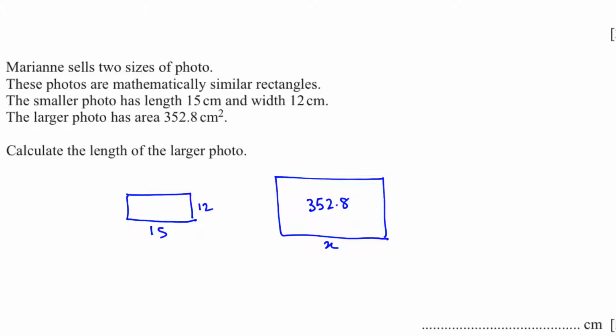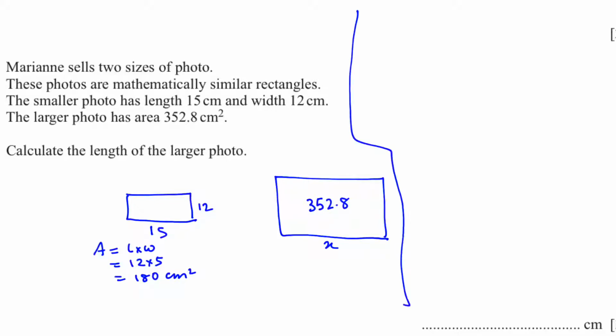Okay, so area of one rectangle is given. We need to find the area of the smaller rectangle. To find the area, we use the formula length times width, which is 12 multiplied by 15, which is 180 square centimeter. 180 multiplied by a scale factor, square it.